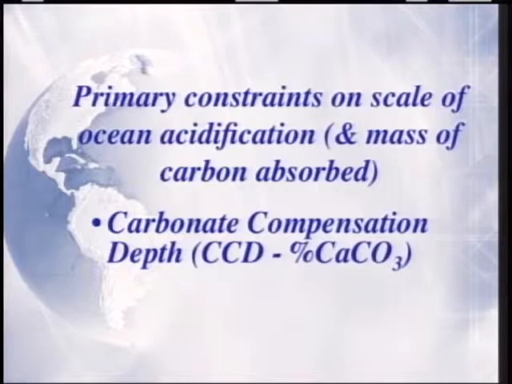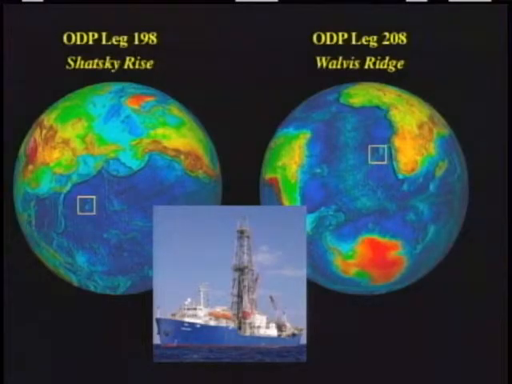And if you can do this, then you should be able to put a constraint on the mass of carbon that the ocean absorbed. The best way to do this is to drill depth transects of cores spanning, say, a depth range of 2 or 3 kilometers, representing the seafloor 55 million years ago.